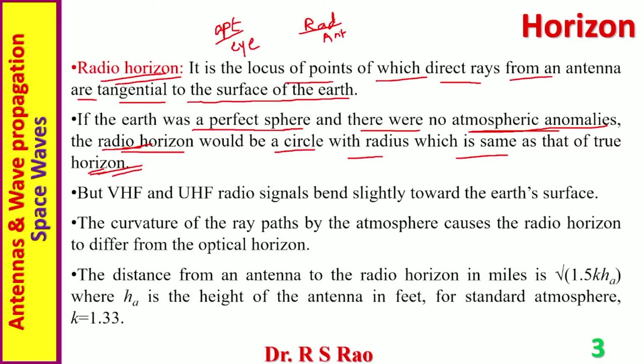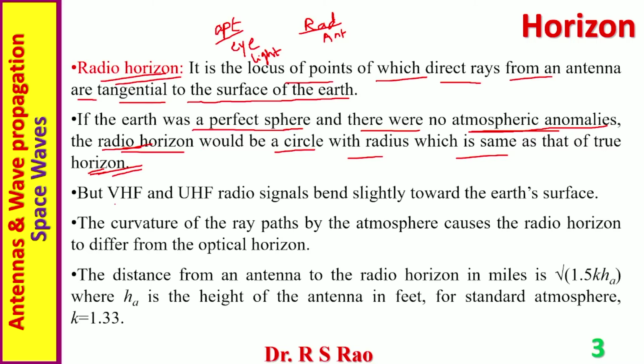Optical horizon is light based, whereas the radio horizon is radio wave based. We are going to see radio horizon is going to be larger than optical horizon. It is because of bending of the radio waves towards the earth by atmosphere.